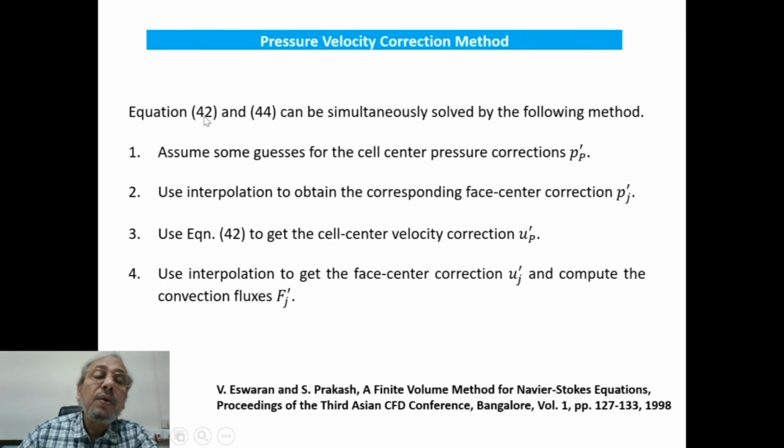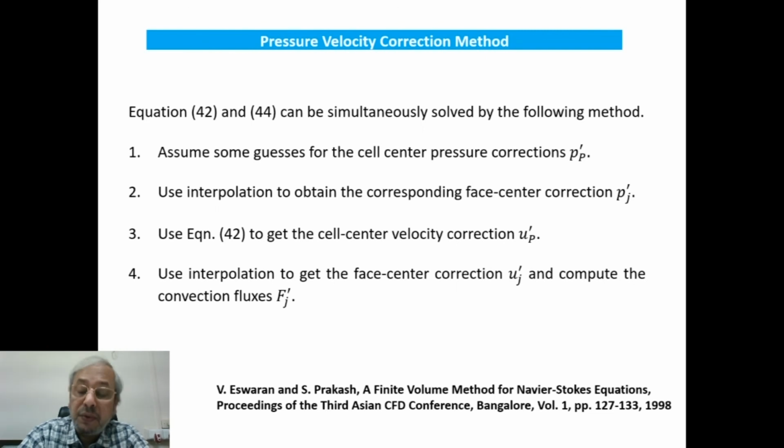So equations 42 and 44 can be simultaneously solved in the following way. This is as usual the pressure velocity iteration, which we already know from the MAC algorithm and SIMPLE algorithm. Assume some guesses for the cell center pressure corrections PP prime. Use interpolations to obtain the corresponding face center pressure correction Pj prime.